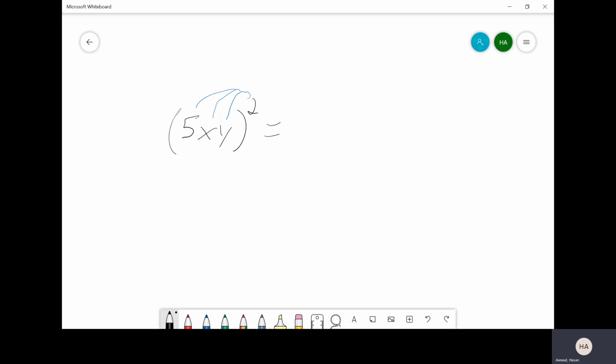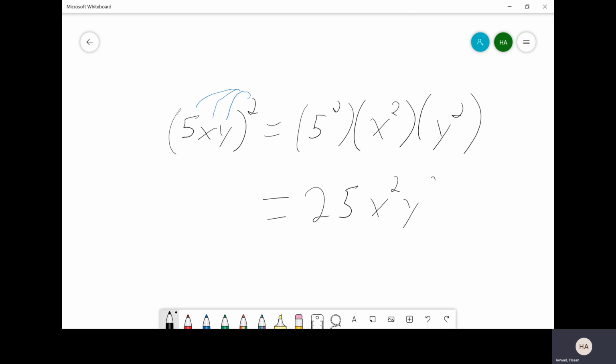Okay, so what this really becomes is, well, we now have 5 squared times x squared times y squared, right? And now, do we know anything about x or y? Do we know what they're equal to? No, right? So they are just the way they are. They are exactly just x squared and y squared. We can't do anything with it, right? But 5 squared, we do know, right? 5 is a number that we're familiar with, and 5 squared implies that it's 5 multiplied against itself twice, so just 5 times 5, and 5 times 5 is 25. So we finally end up with 25x squared y squared.